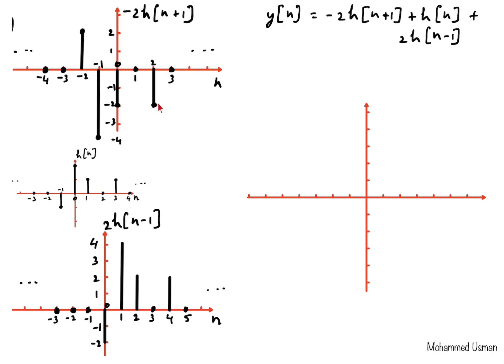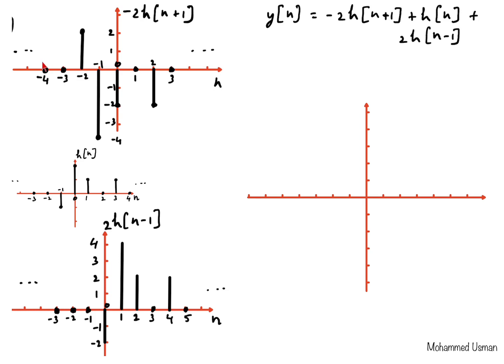So now to find the output, all we have to do is add these three scaled impulse responses, because our y of n is -2 times h of n plus 1 plus h of n plus 2 times h of n minus 1, which is the sum of these three plots. Okay, so we basically have to take each index value, and corresponding to that index value, whatever is the sample value in each of these three plots, we have to add it and get the index value for y of n. So now we have for n equal to -4.